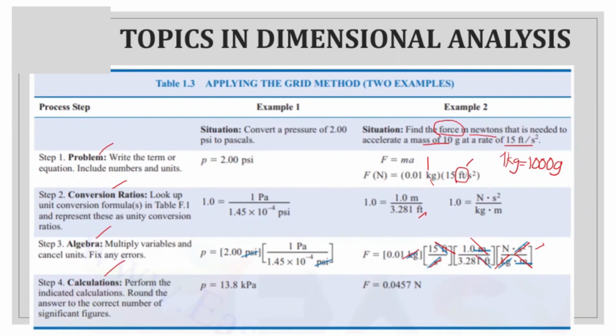So what we have here is a force which is equal to 0.0457. That is the force that we get from example 2. So this is the end of chapter 1, part 3.